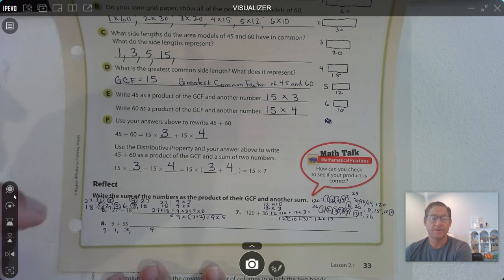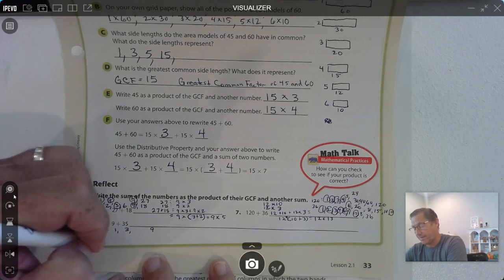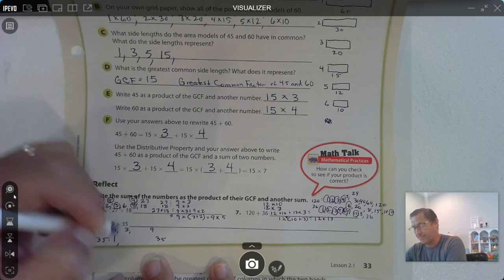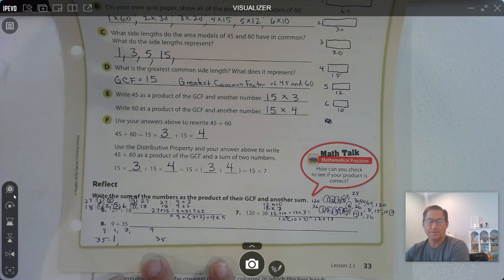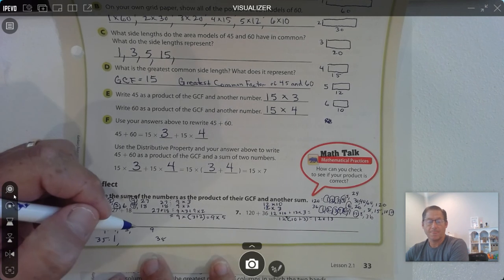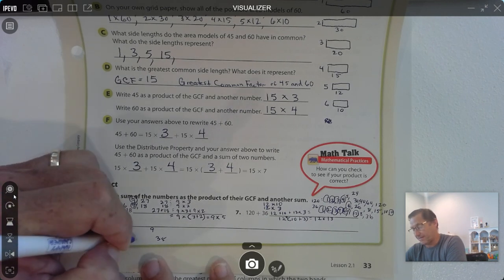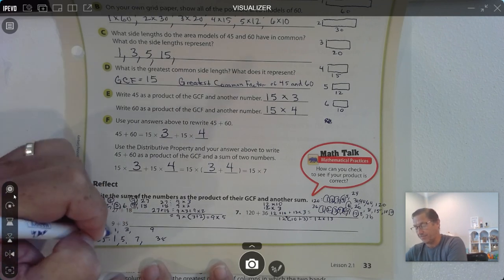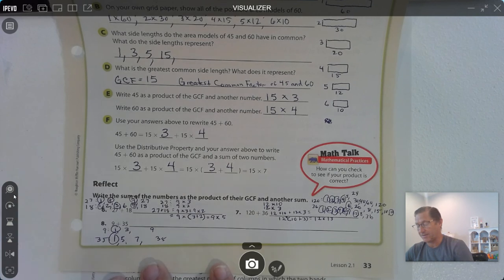That's it, right? 4 doesn't work, 5 doesn't work, 6 will not work, 7 will not work. 35, we know 1 and 35. 2 will not work, because 35 is odd. 3 will not work. 4 will not work. 5 times 7 will work. 6 will not work. 8 will not work, and 9 will not work. Well, those are the only factors of 35. And so the only factor in common is 1.